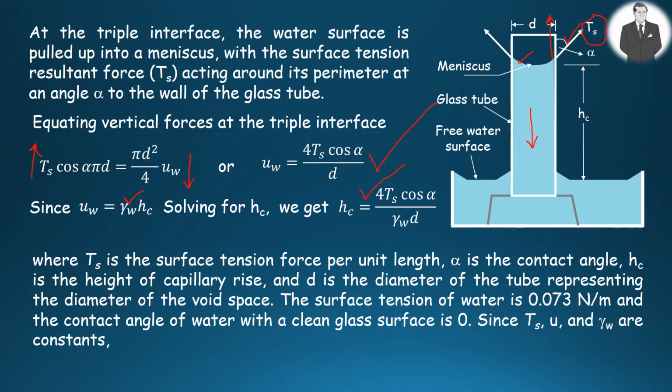The surface tension of water is 0.073 Newton per meter, and the contact angle of water with a clean glass surface is 0. Since Ts, alpha, and gamma water are constants, then the height of capillary rise is proportional to 1 over d.